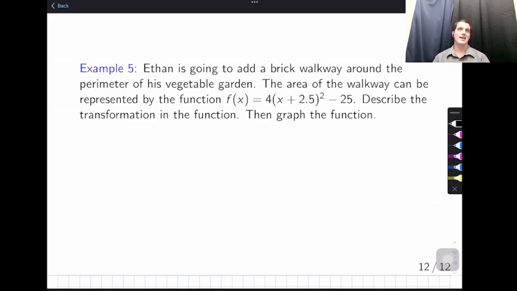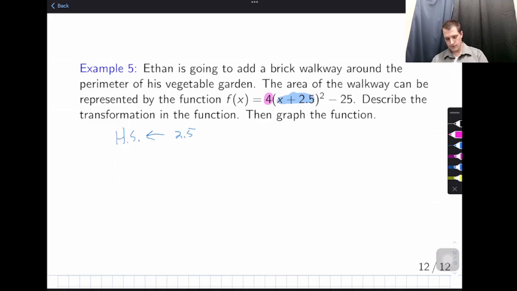Okay, so we got everything going on here. So first off, let's highlight. We have this x plus 2.5. That right there is a horizontal shift. HS is horizontal to the left by 2.5 units. We're going to have a vertical stretch.